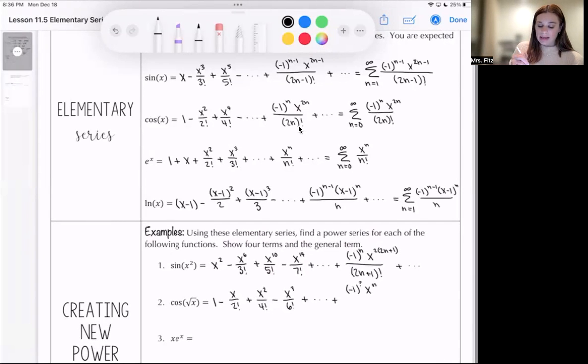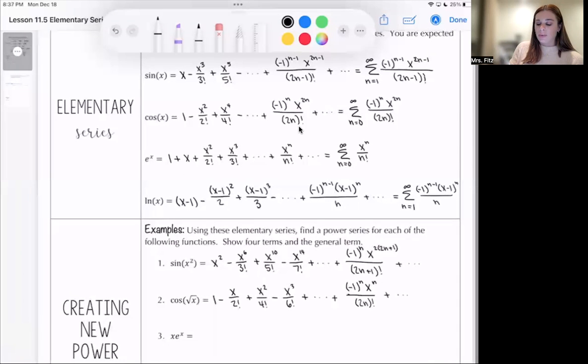So we'll do x to the n, because then it would be 0, 1, 2, 3 for my powers. And it looks like it's double whatever n is. So we could do 2n factorial, and then plus ... It looks like we could also make -1 to the nth power as well, because if I start with 0, we'll get a positive for the first value. And that's it for number 2.